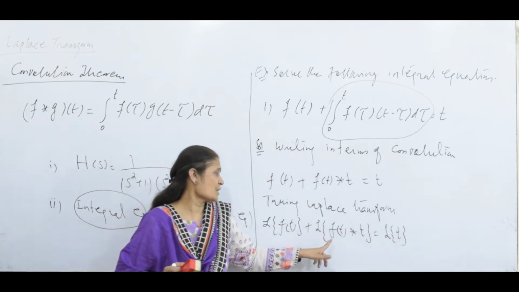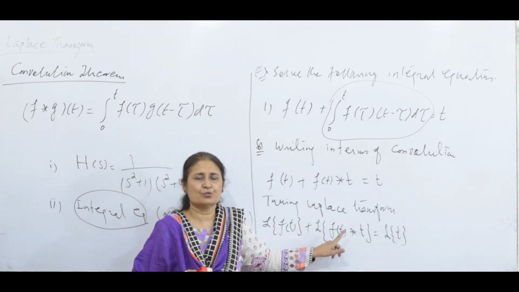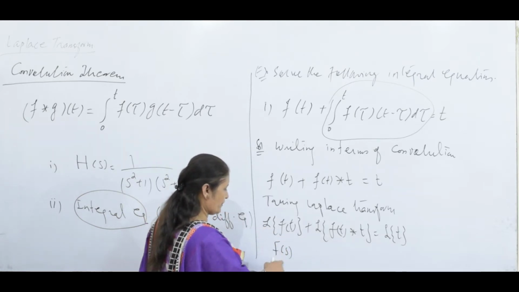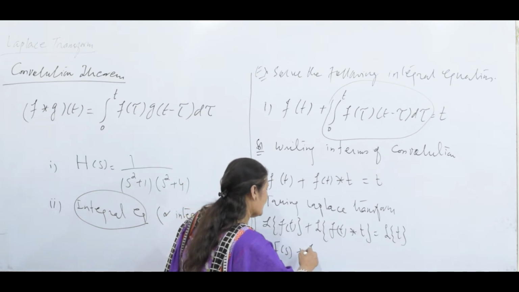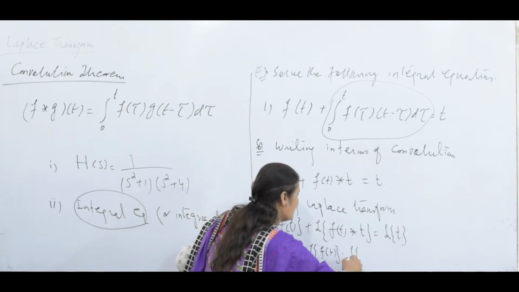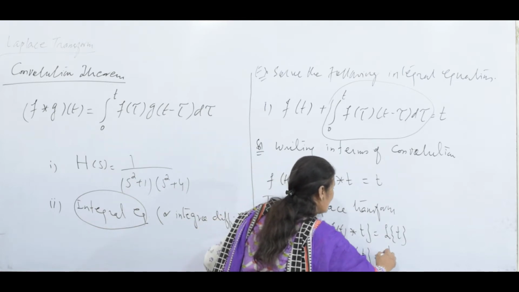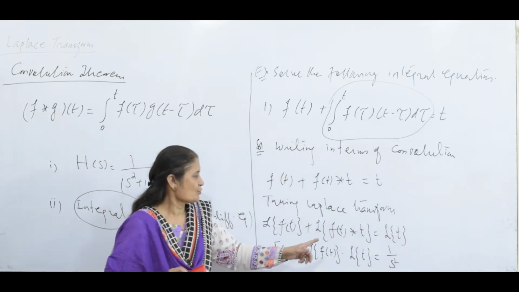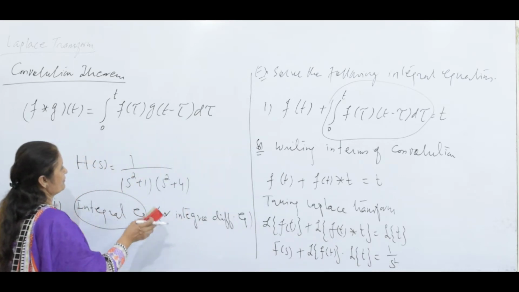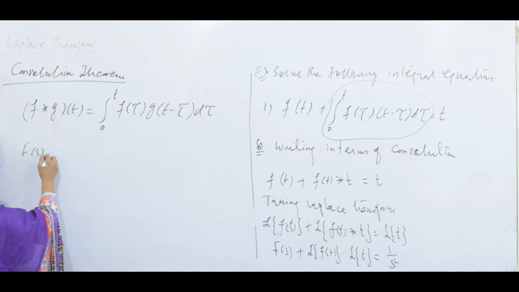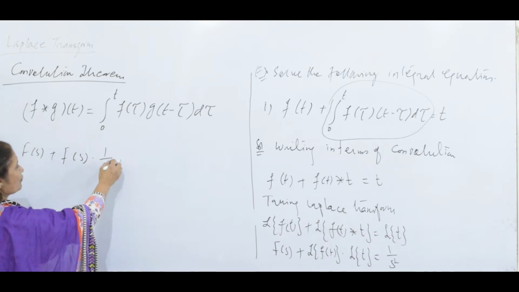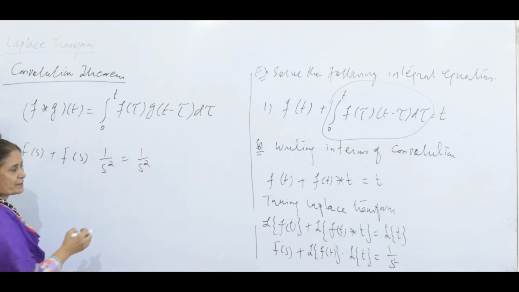Now the Laplace transform of a convolution is equal to the product of their Laplace transforms. So this is a function of s, F(s), plus F(s) into Laplace of t, which is 1 over s squared, is equal to 1 over s squared.